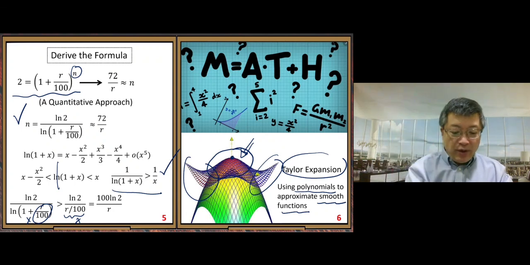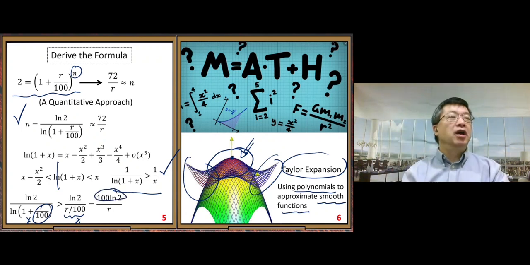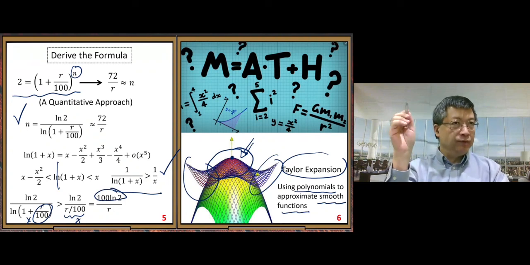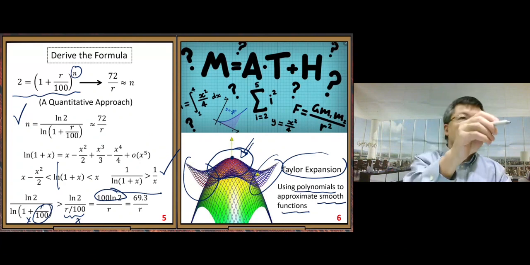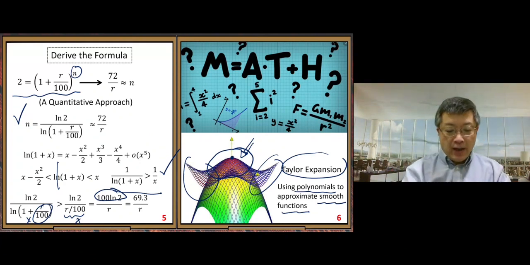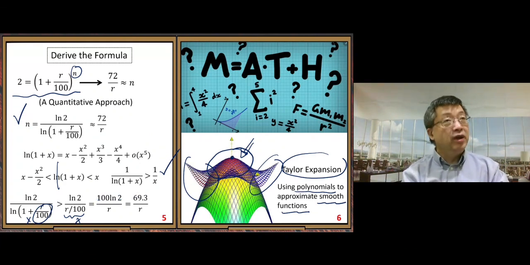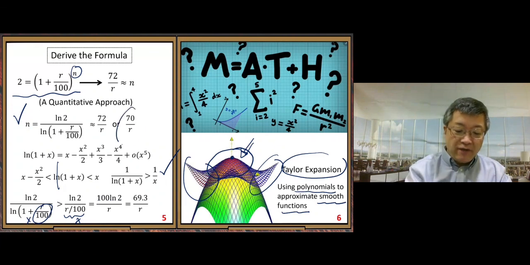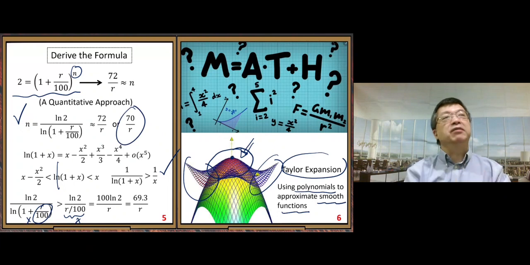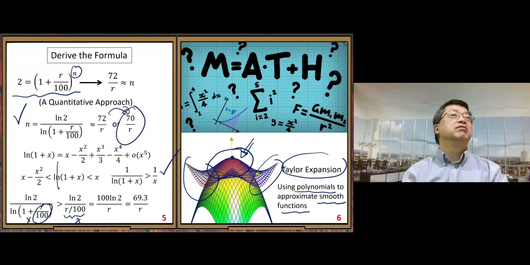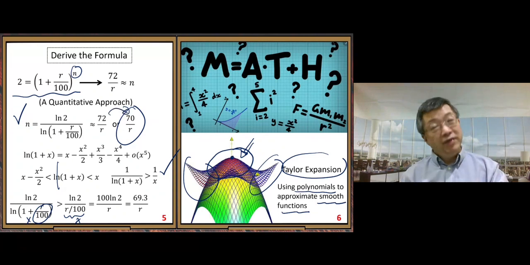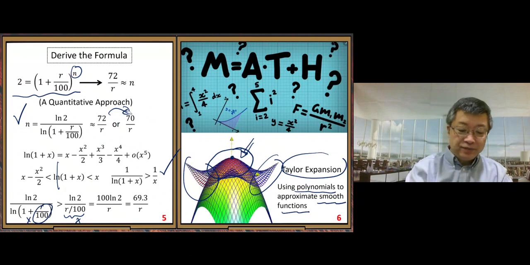And we can calculate this number easily. 100 times natural log of 2, using a calculator, we get 69.3. And this number, 69.3, is very close to 70, right? So that's the reason we have the rule of 70. But 72 is just another convenient version of 70.